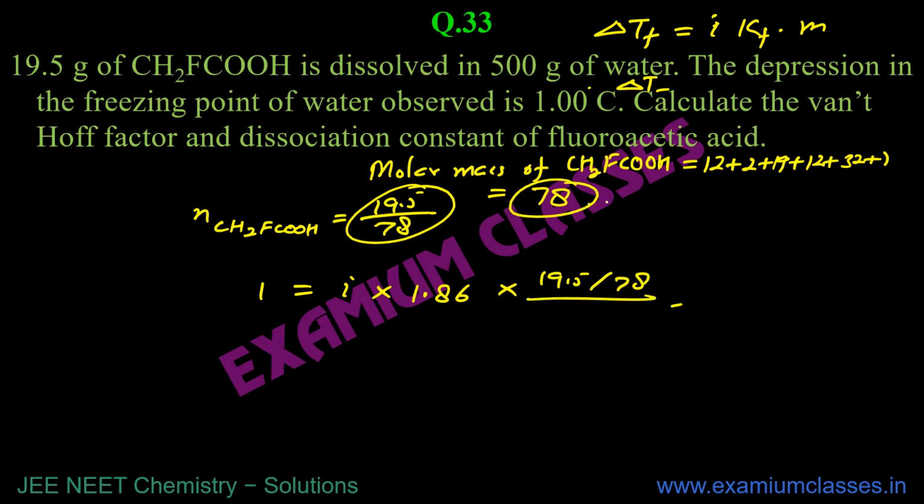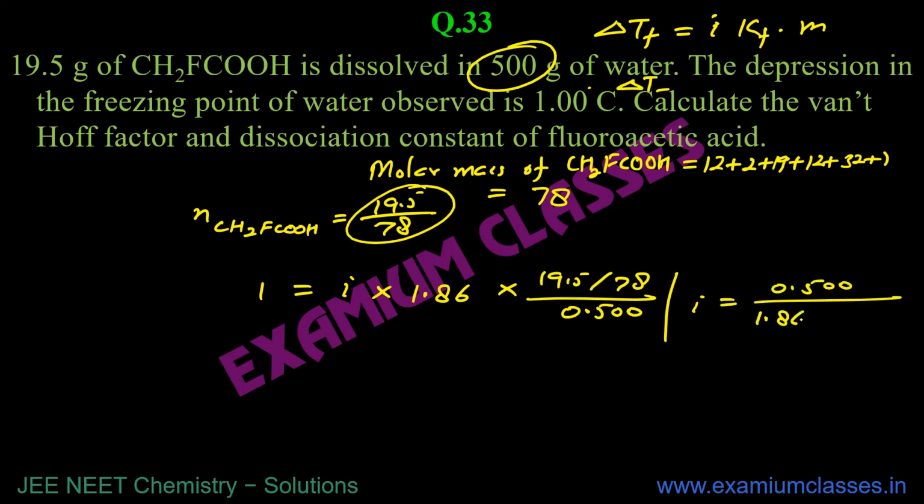Just confirm whether this is 78 or 80. Meanwhile, divided by the mass of water in kilograms. So from here you will get the value of I. I will be 0.500 divided by 1.86 into 19.5, and in the numerator 78.